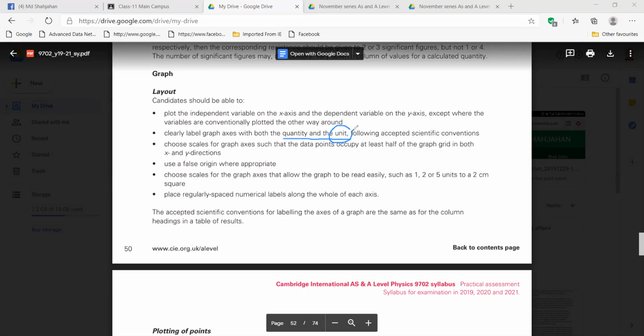There are 4 marks in plotting a graph, so one of the marks is for writing the quantity and unit. Of course you should write them in the correct order. If the x-axis one you are writing on the y-axis, or the y-axis one you are writing on the x-axis, then you will not get marks. Clear?